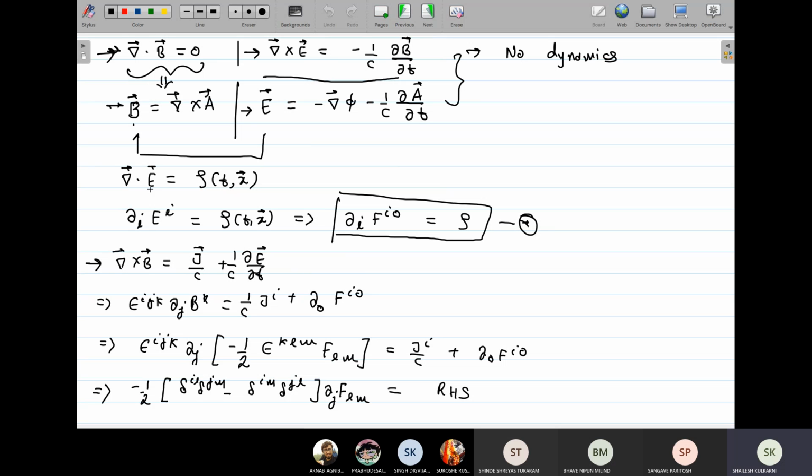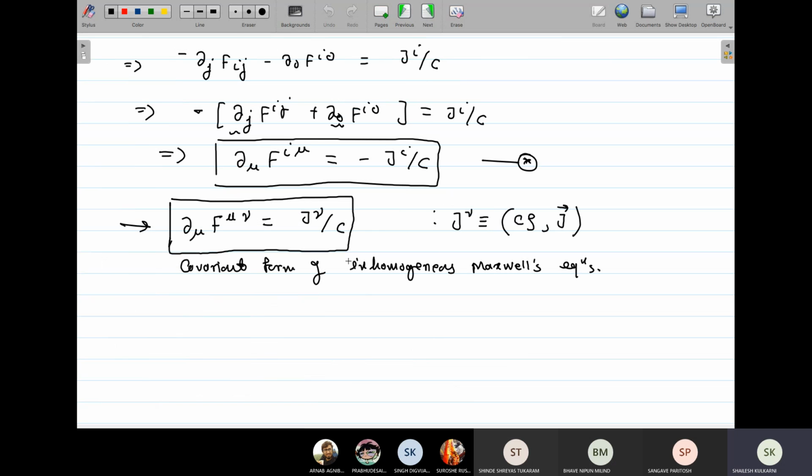So this one and this one are inhomogeneous equations. Good. So you have expressed the inhomogeneous Maxwell's equations in a covariant form. Any doubt so far? Or any question? Any question?